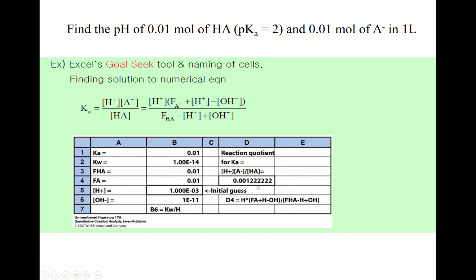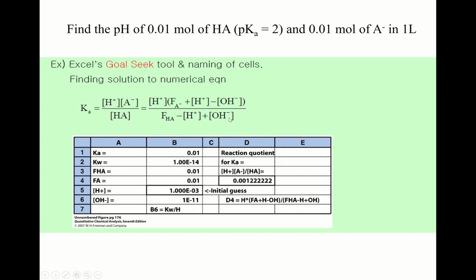Then in cell T4, you write this equation. The idea is to change the proton concentration until this calculation equals the equilibrium constant.